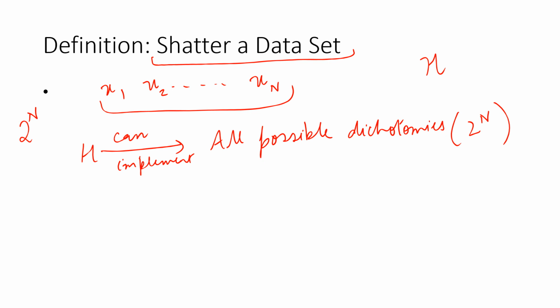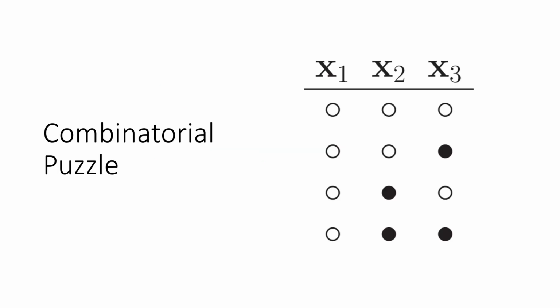Okay, so having said that, let's move on to this combinatorial puzzle, which looks something like this. Let us assume I have x1, x2, x3, a set of 3 points, and I'm trying to implement all possible dichotomies. All possible are 2 to the n, and here I've just implemented 4 of them.